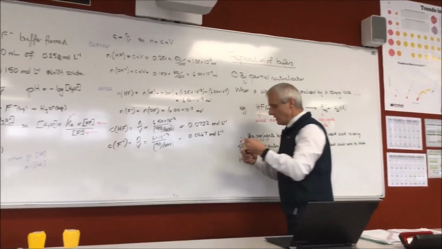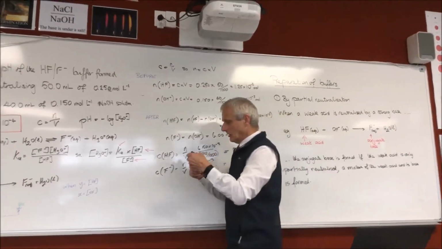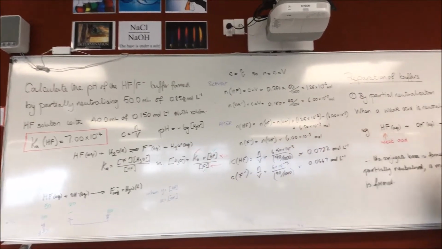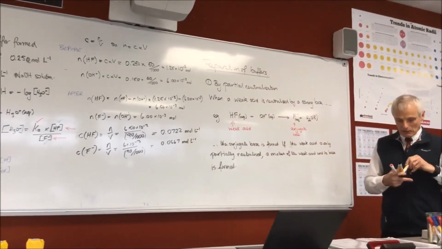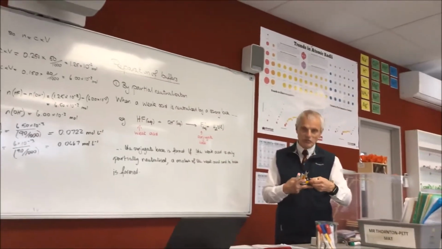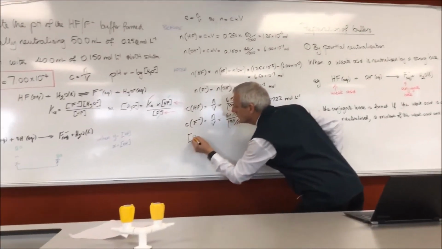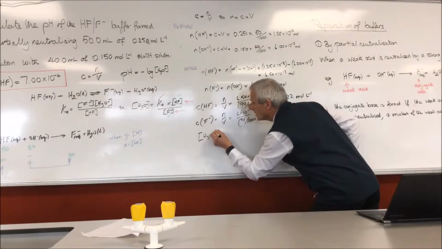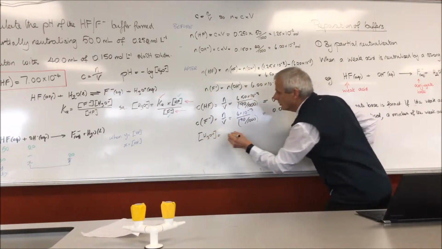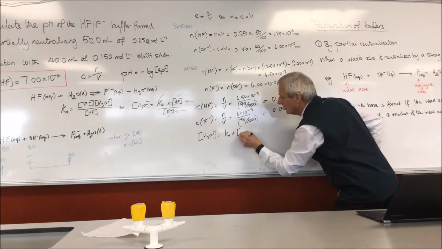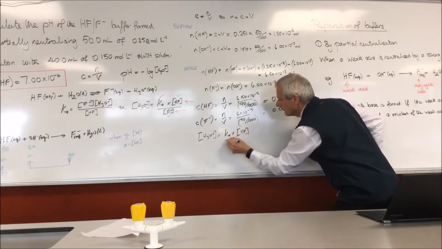Okay, so now we've got this and this. We've got Ka, so we can now calculate the concentration of H3O plus. So the concentration of H3O plus is equal to Ka. I'll rewrite this so we know where we get this from.